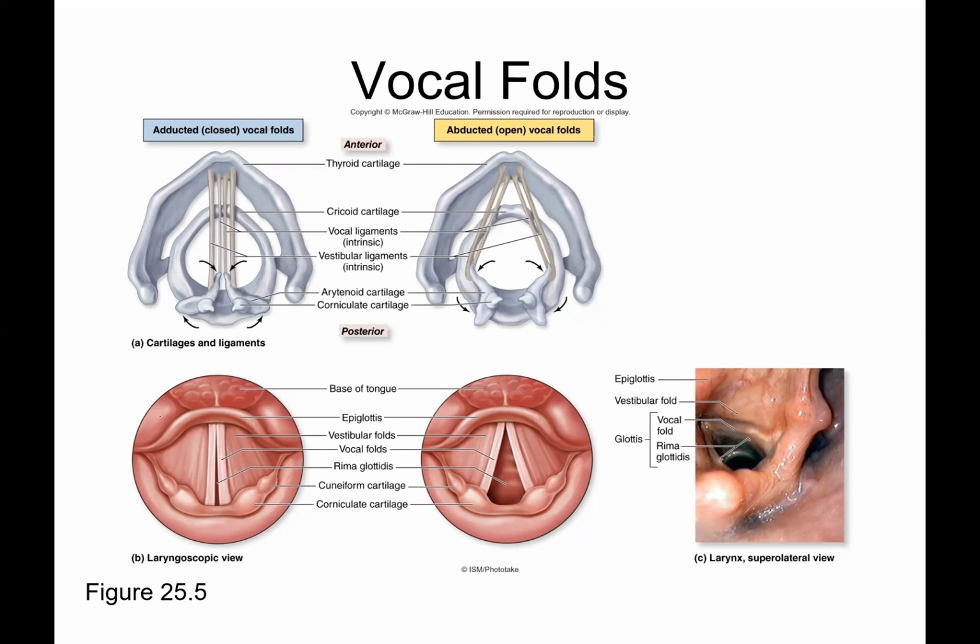You would simply find the vocal folds, or the vocal cords. That area is called the glottis. So the glottis is where you find the vocal folds, which is also the vocal cords.